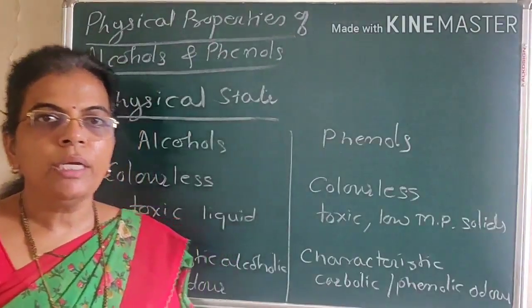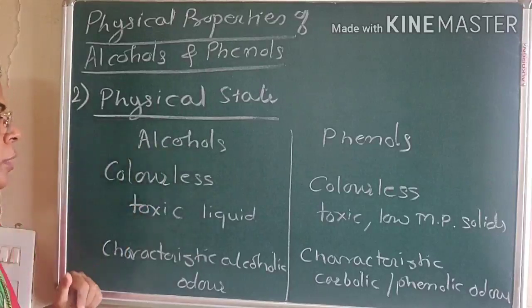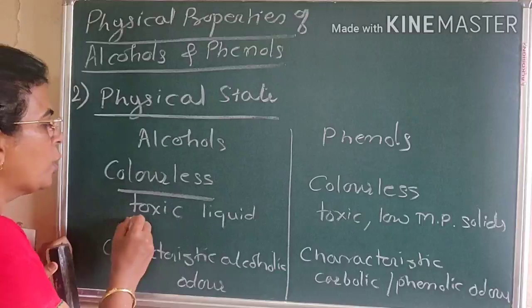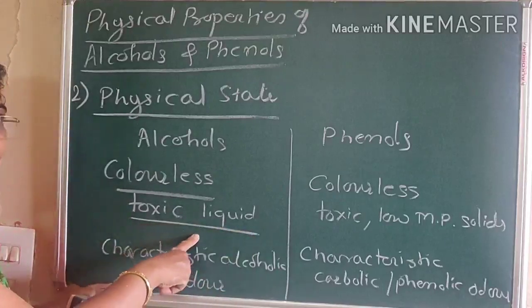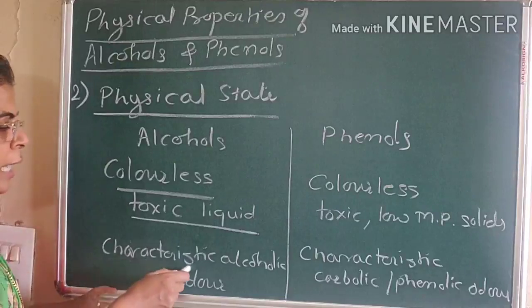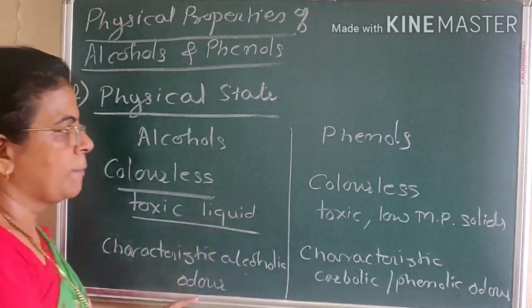Second physical property is physical state. Now we are going to see first alcohols. Alcohols are colorless, toxic liquids. That is, at room temperature they are liquid in state and they have a characteristic alcoholic odor. Now phenols.